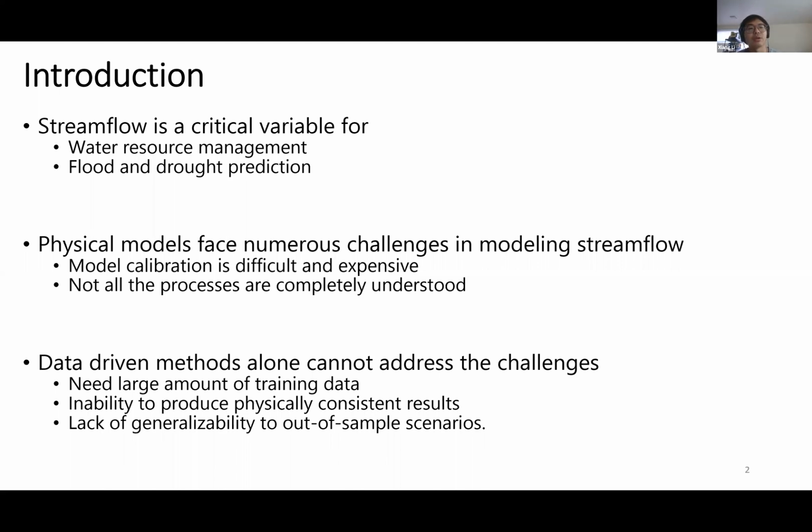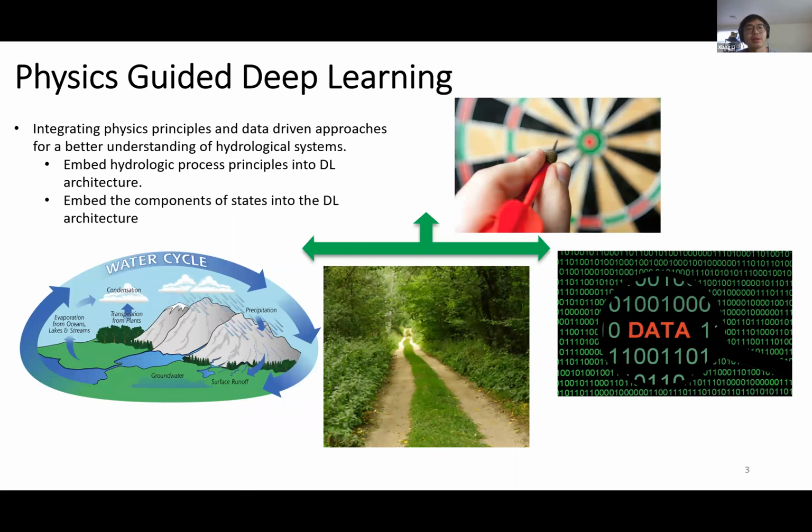Therefore, physics-guided deep learning is an approach to complement physics models and deep learning models, using the abilities of both tools to approach the same goal, which is the prediction of target variables. In hydrology, one of the most important hydrological variables is stream flow.